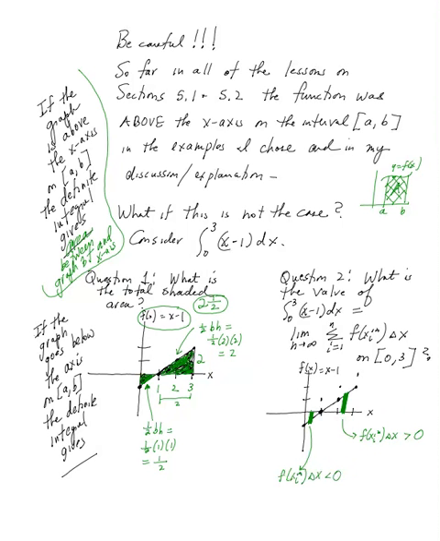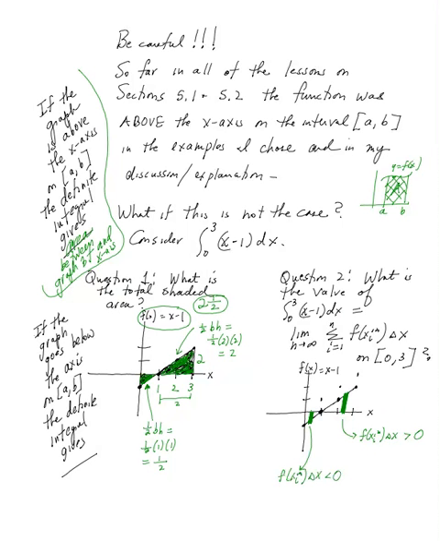And the reason is f of x sub i star is a negative number. The area of this rectangle is positive, but f of x sub i star delta x is really the negative of the area of the rectangle.